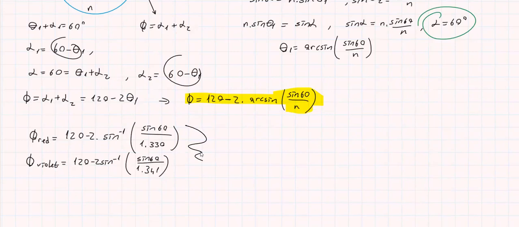Okay, I will simply subtract them. As you can see, the violet value will be higher than the red value. So I will write this, but it doesn't matter.